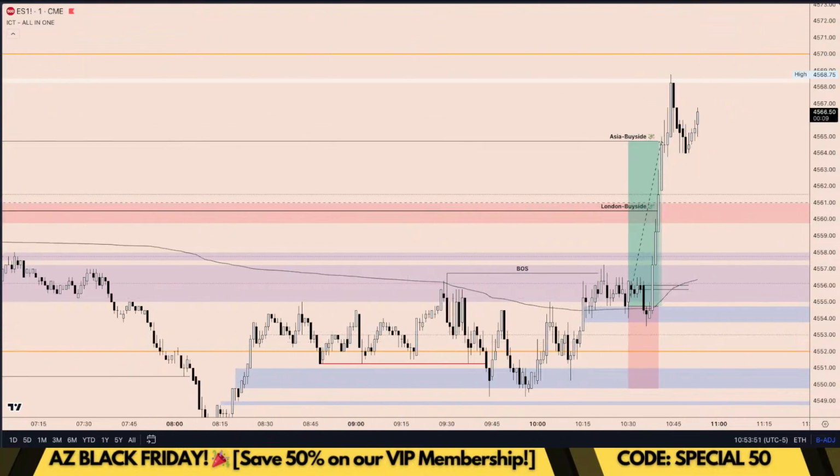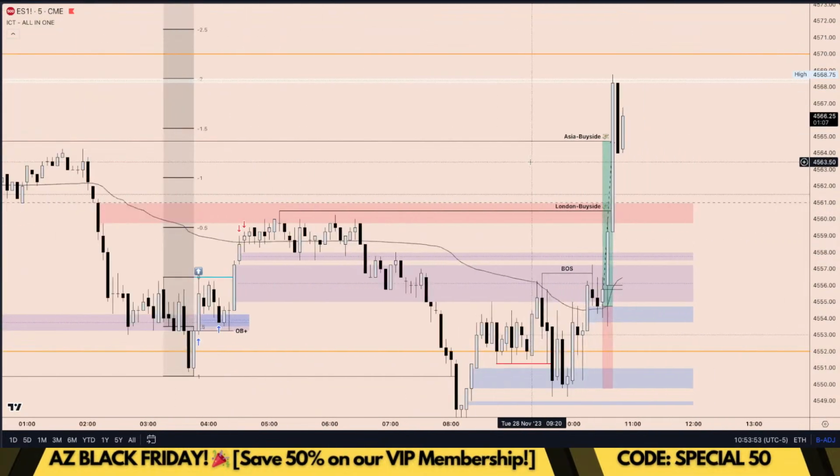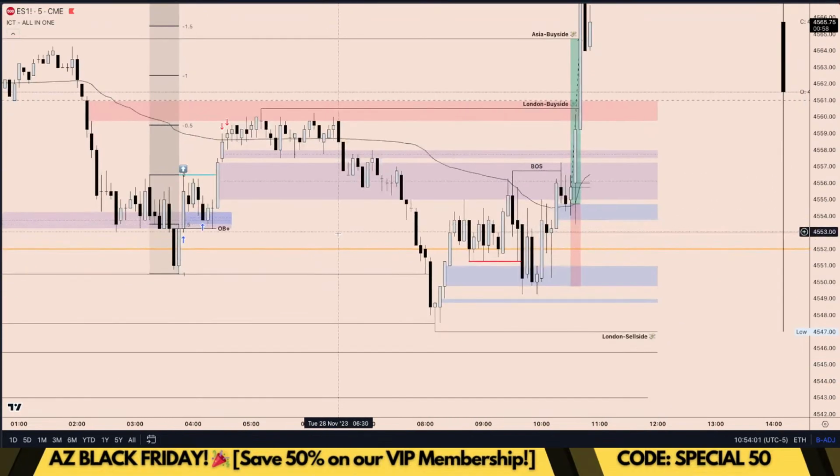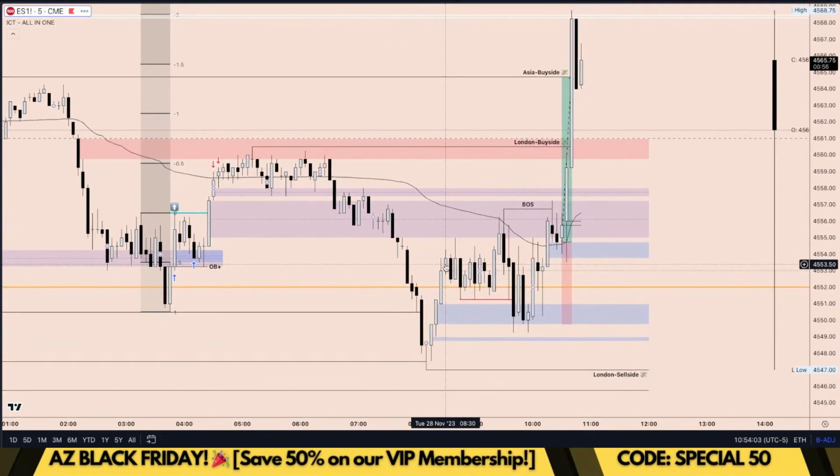But I guess it would have to fit the overall narrative. Here we could also label railroad tracks, and at that point in time it looked more bullish than bearish. Has to fit the narrative, I think.